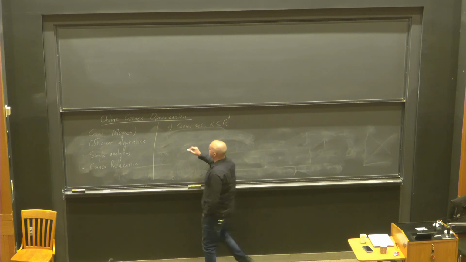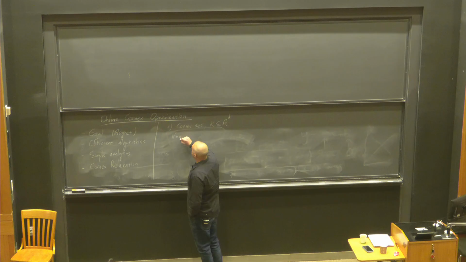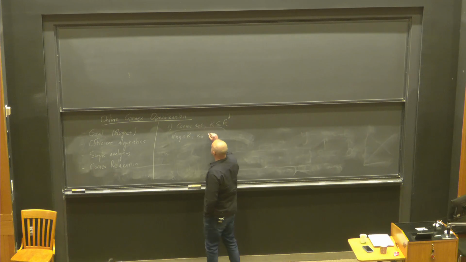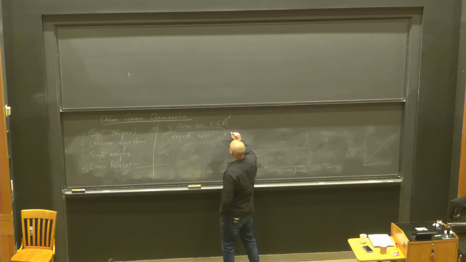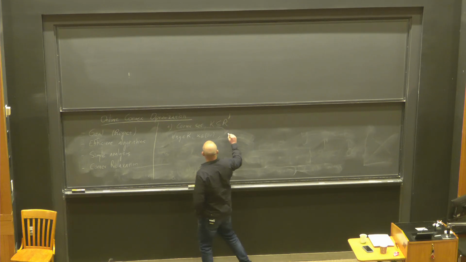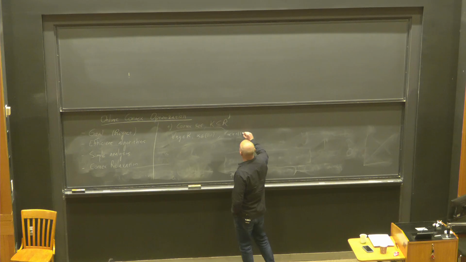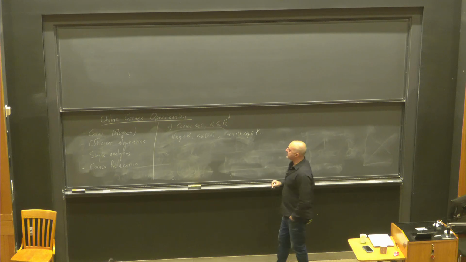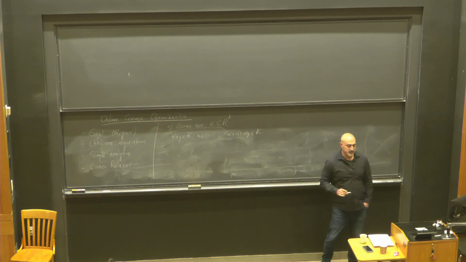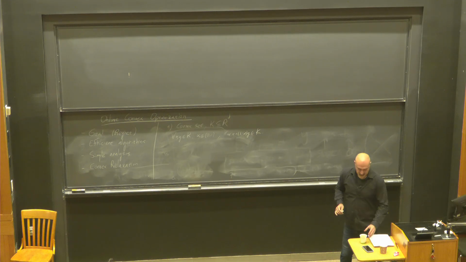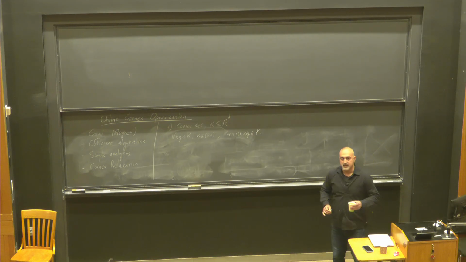It is convex if for every x and y in K, and for every alpha, which is a real number between 0 and 1, the point alpha x plus 1 minus alpha times y also belongs to K. So this is an if and only if. A set is convex if it satisfies it, and if it doesn't satisfy it, it's not convex.